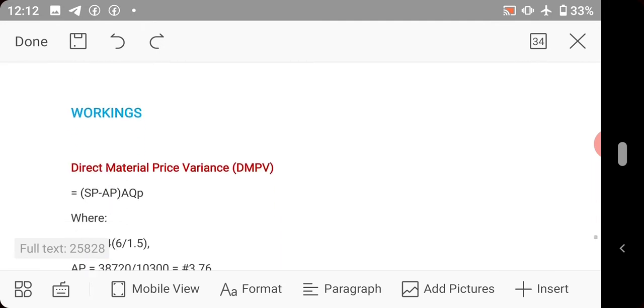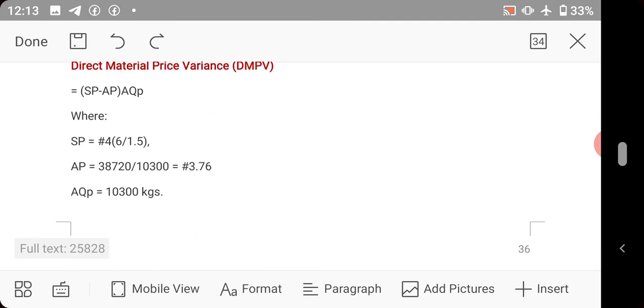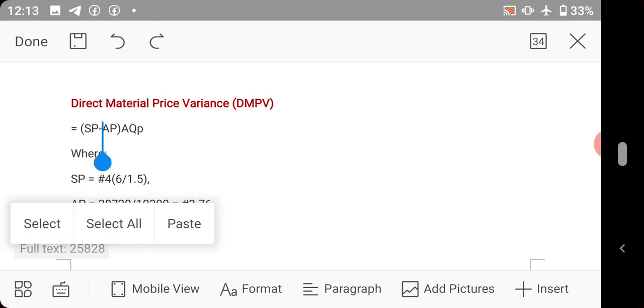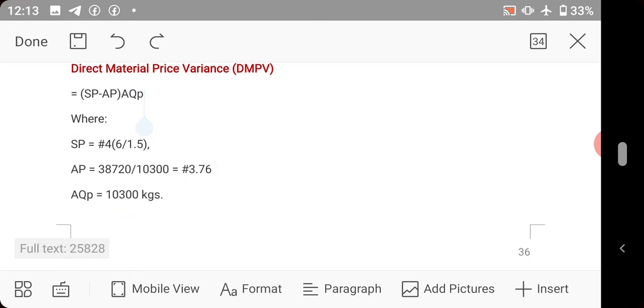So start with workings. The first working we are going to look at is direct material price variance. The formula is standard price minus actual price times actual quantity purchased. What is the standard price? It is 4 naira.